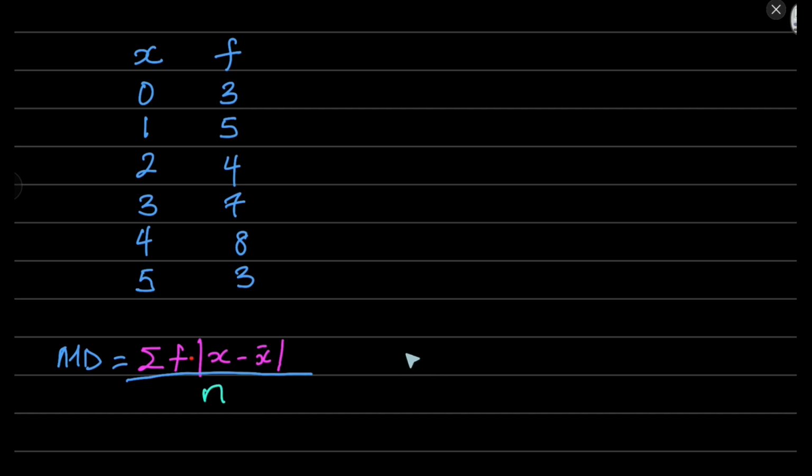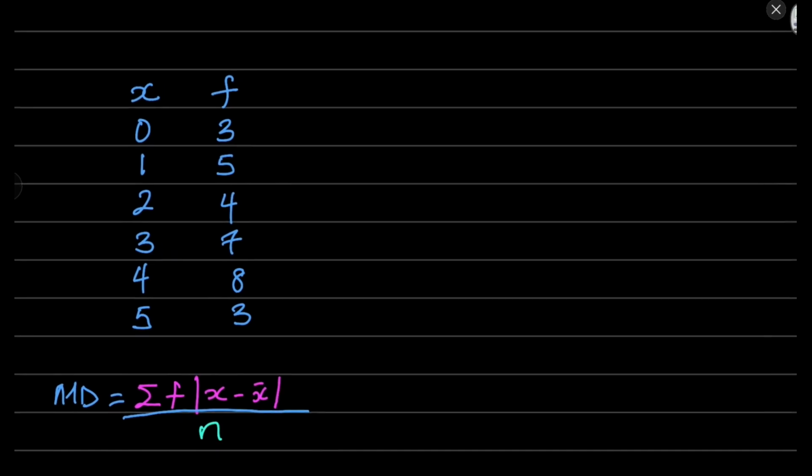To get your absolute deviation, we need x minus x bar, which means that before we can start any calculation, we need our x bar first. So we need to find our x bar, and x bar is the same as your mean. X bar means mean, and mind you, this is an ungrouped frequency distribution.